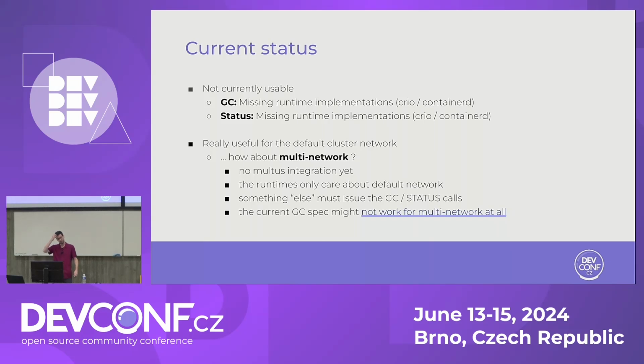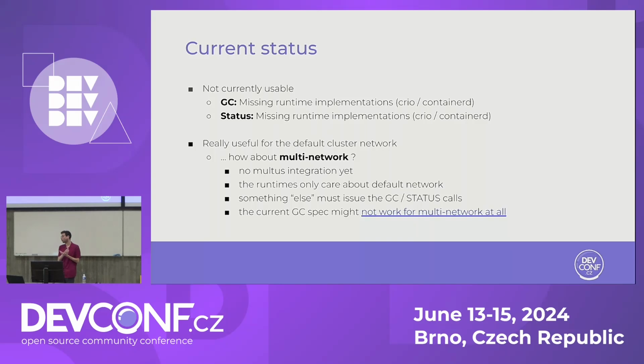And if you take a look at the last thing here, it's a little bit complex how the concept of multi-network will work here at all, because if we remember, on the garbage collection, for instance, you pretty much just say, for this container, I want to keep this interface. And the plugin will be invoked with that.